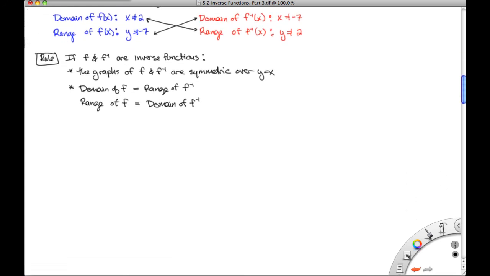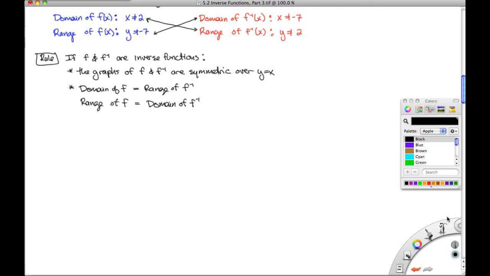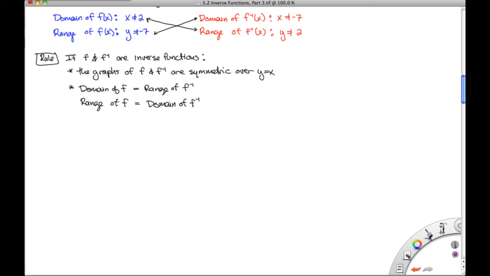Okay, so let's try these two examples for the next one. Try these before you move on to the next video. We're just going to go through and try to calculate using this process of finding inverse functions. We're going to try and find f inverse of x for the following two functions.